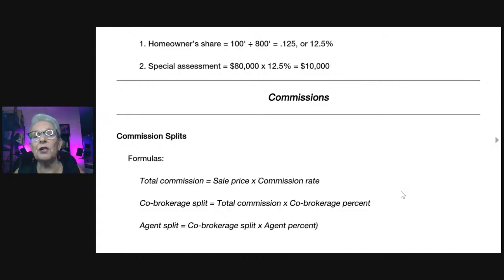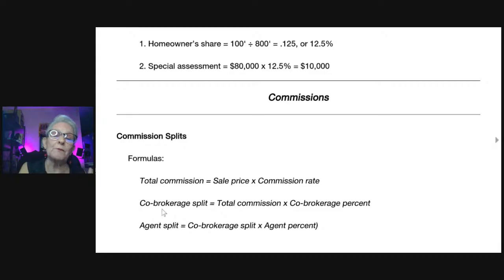So let's say, for example, the sales price is $1 million times the full commission of that listing, including buyer and seller side, is 6%. So 6% of $1 million is what? 60,000. So then the commission is split between two brokerages, right?